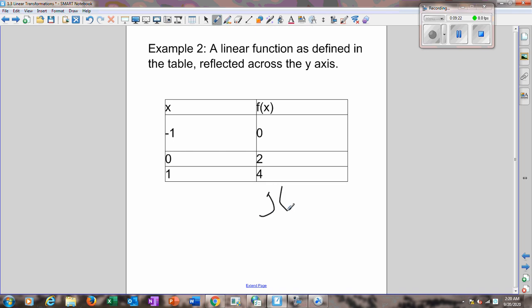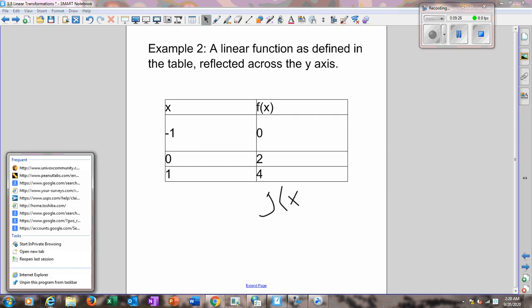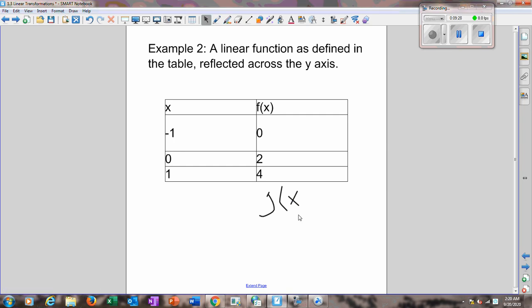G of x, so we're going to have 3 values that are all the same: 0, 2, and 4.